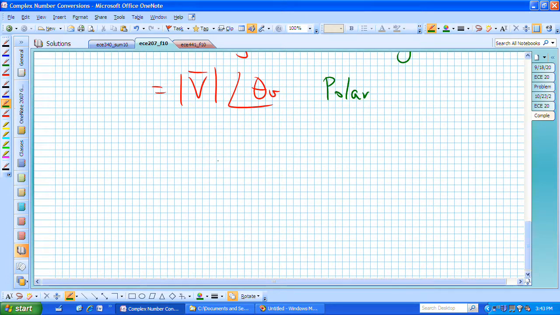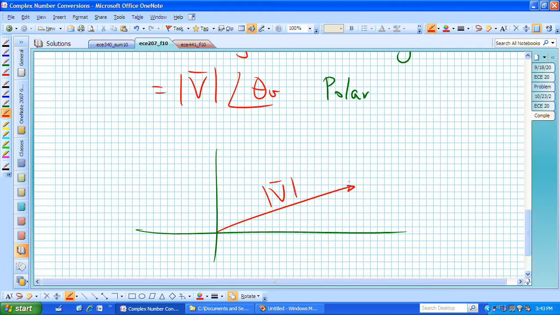Meaning if you have been given the complex number in polar form, you'll be given the length of the vector and the angle theta sub v.